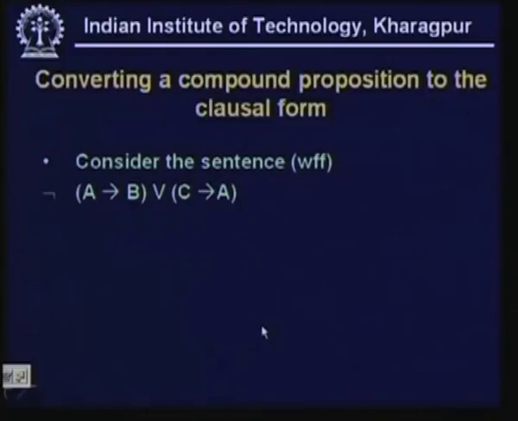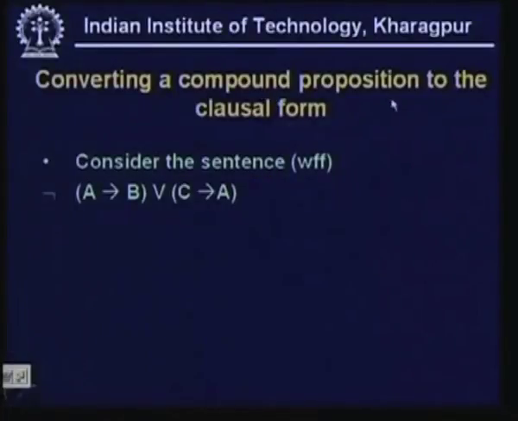Now, given any particular proposition, can we convert it to the clausal form? The representative form in the form of clause is called a clausal form. So, how can we convert a compound proposition to a clausal form? There are some steps that we can follow.